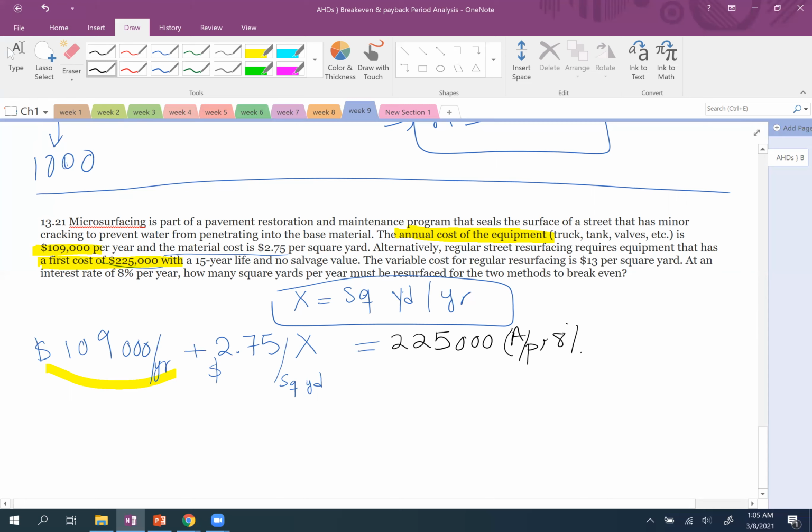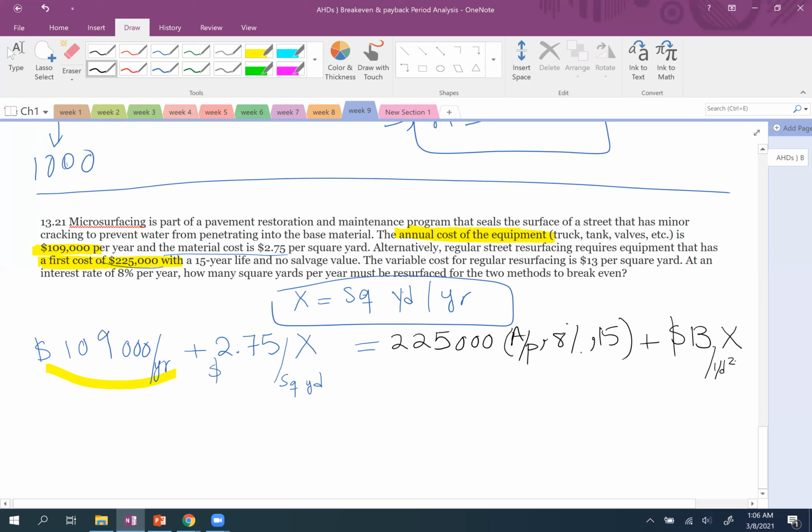And they said it has a 15-year life. And they said it would cost $13 per square yard as a variable cost. It would be $13 times x, which is the square yards.